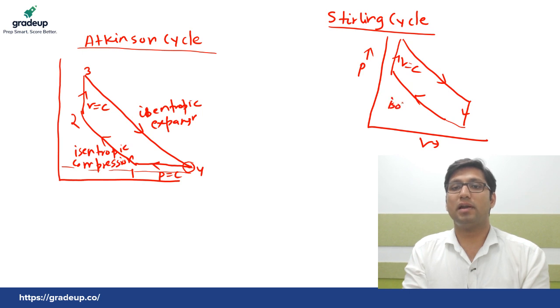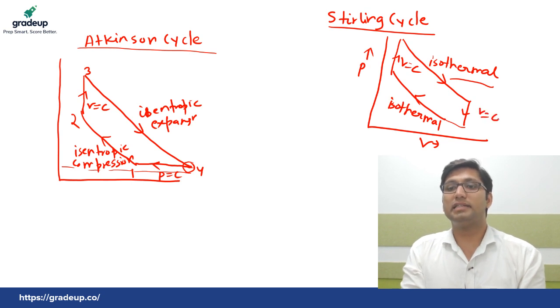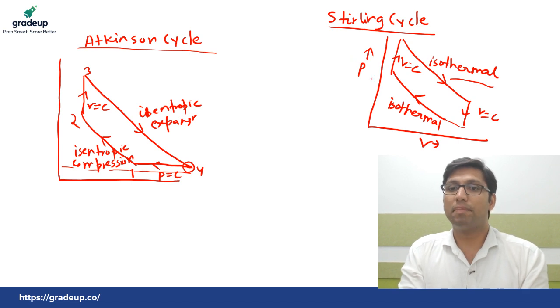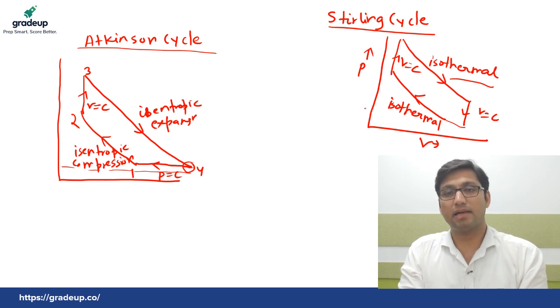This is isothermal, not isentropic. The heat addition and heat rejection take place at constant volume like the Otto cycle, but here the expansion and compression will be isothermal in the Stirling cycle.